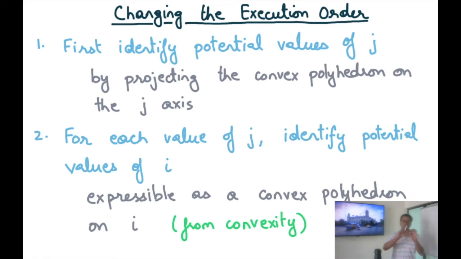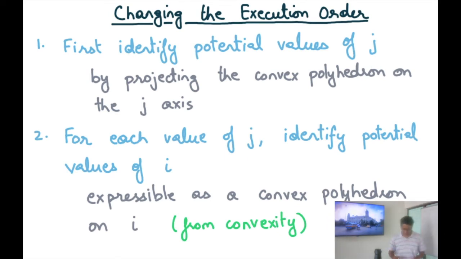So for each value of J, draw a line and figure out what are the points in the convex polyhedron that will lie on that particular line. And this itself must be expressible as a convex polyhedron on I. Notice that in a one-dimensional space, a line segment is a convex polyhedron. I'm using the example of a 2D space where I'm projecting on one dimension first and then everything that remains.